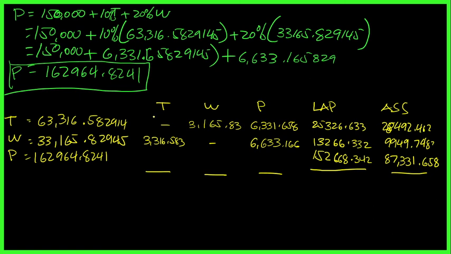Now, you can get the total. Actually, here you have your initial, no? You have here 60,000. Right? You have 60,000, 30,000, and this is 150,000. Now, if you add these, the total will be 63,316.58 something.